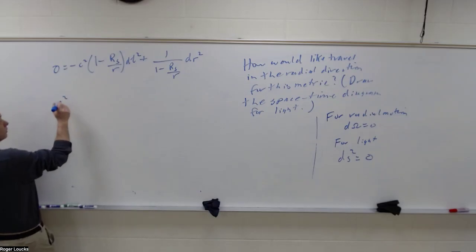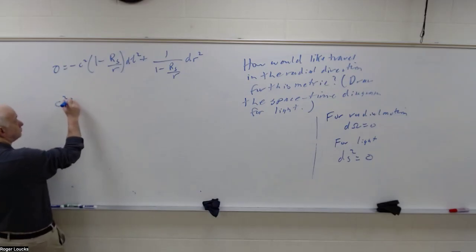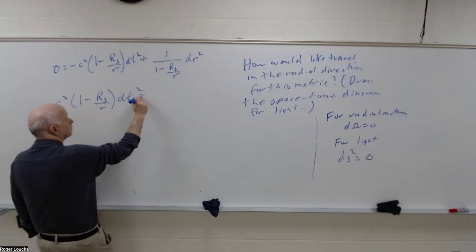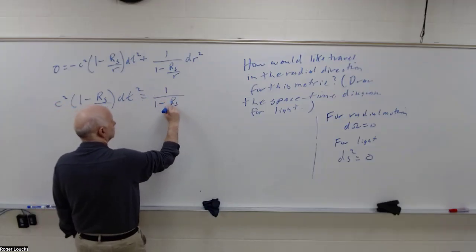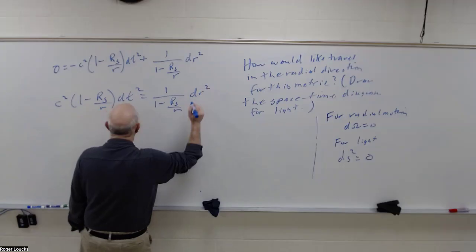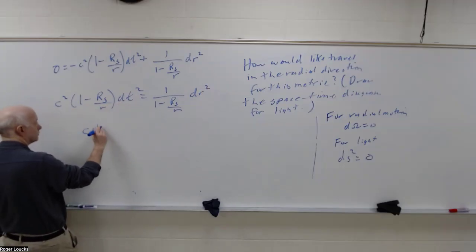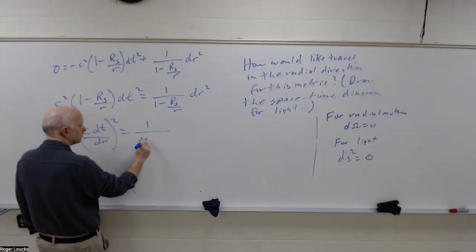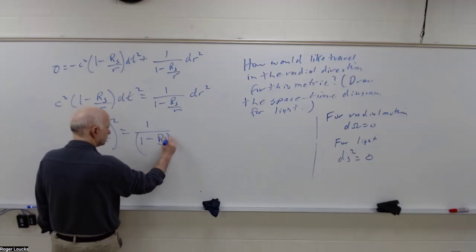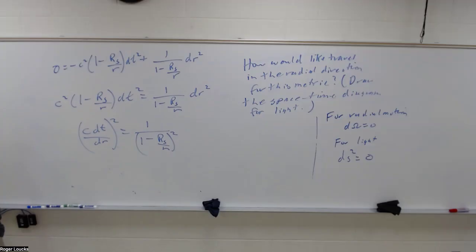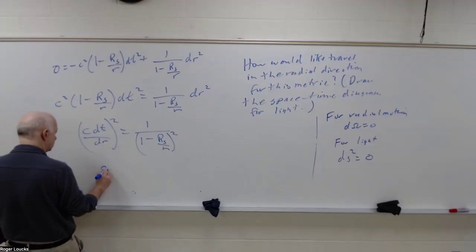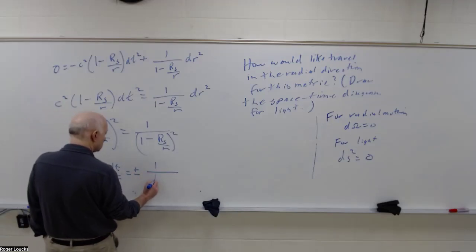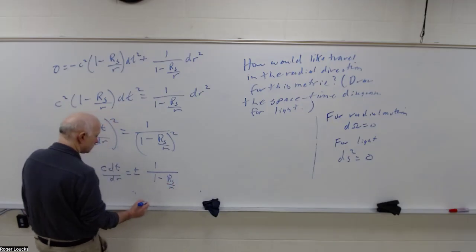That gives me c squared 1 minus r s over r, dt squared equals this. Or, if I take the square root, I get that.